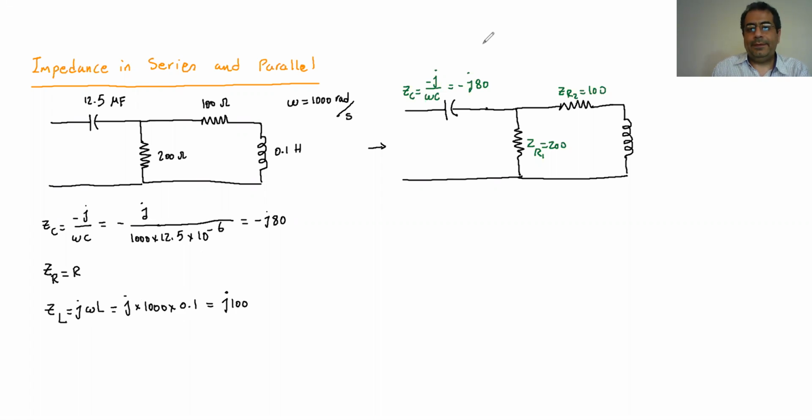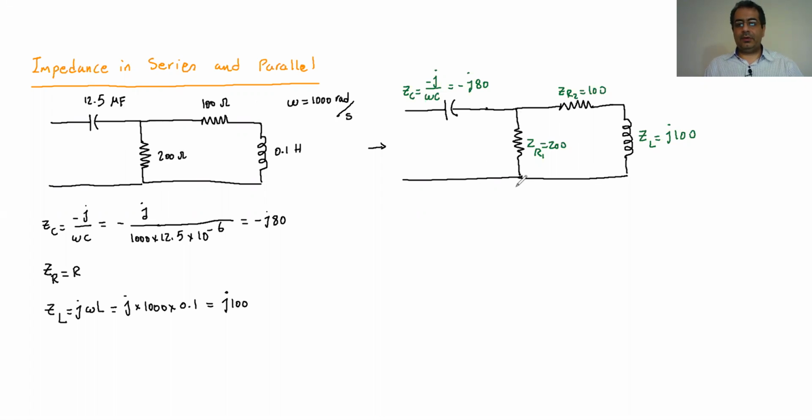So here we have the ZL, which is going to be J100. Now I have everything as an impedance. So I convert all the capacitance, inductance and resistance to impedance. All of them are in impedance.